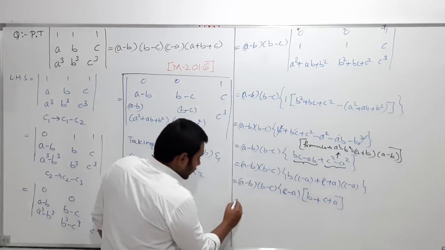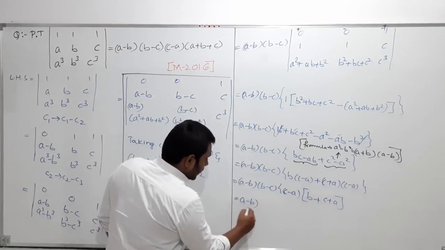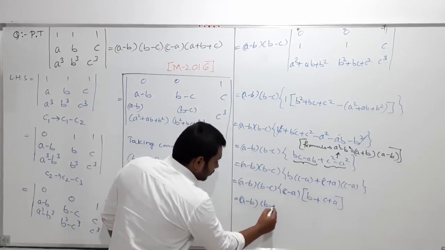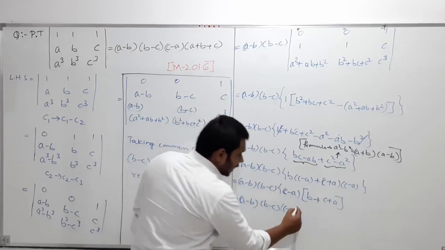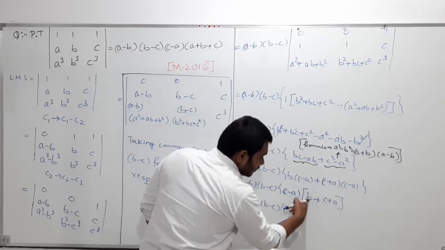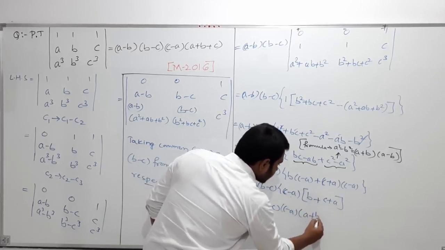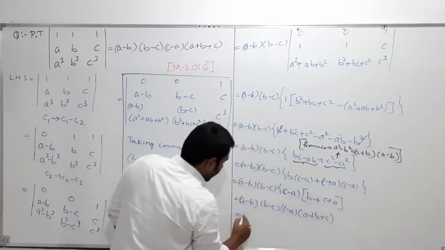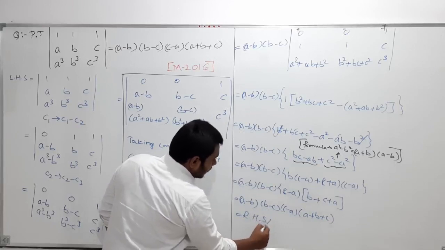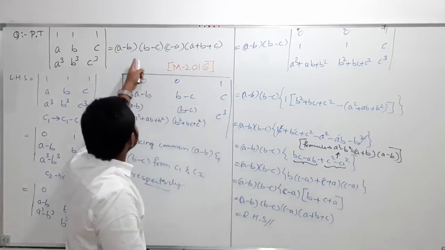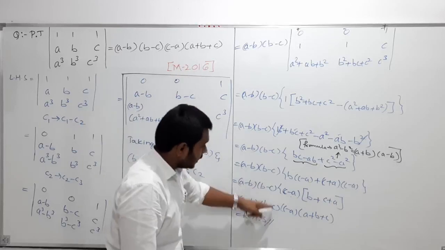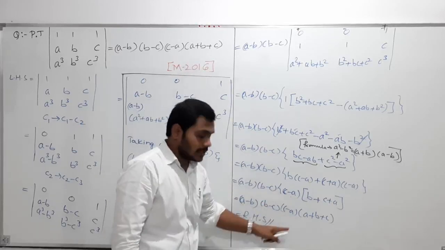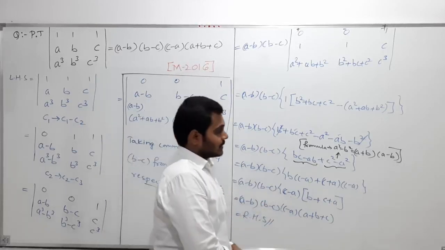So therefore this can be written as a minus b into b minus c into c minus a into a plus b plus c. So this is your required RHS: a minus b into b minus c into c minus a into a plus b plus c.